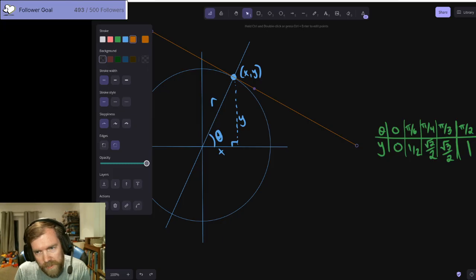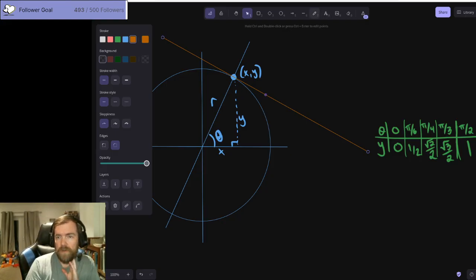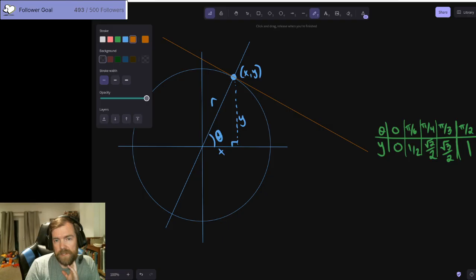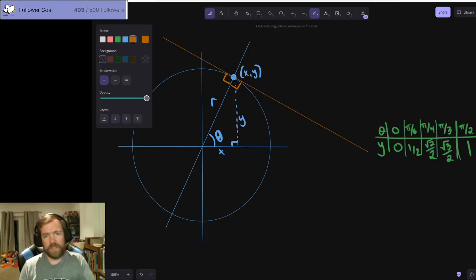Now there's a special property that we know with tangents and circles, and that is that tangents and radii need to be at right angles. That's not the mind-shattering bit. We're not there yet.